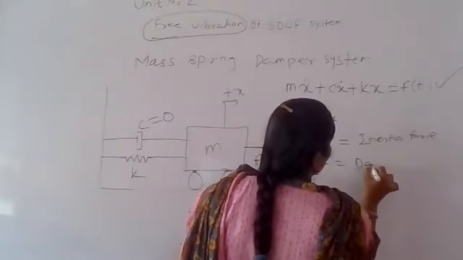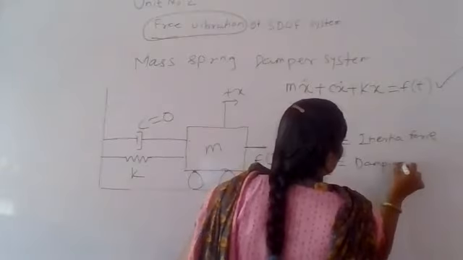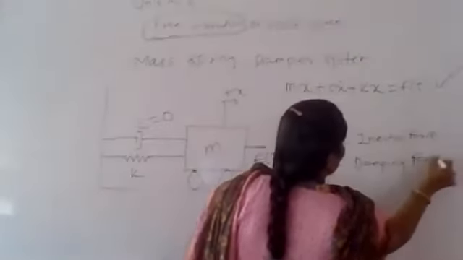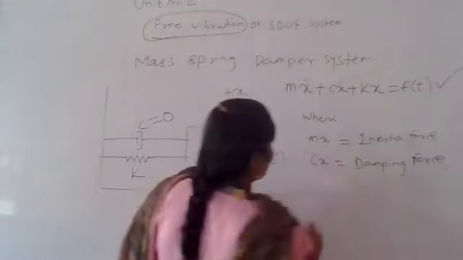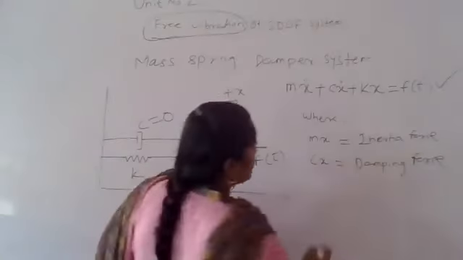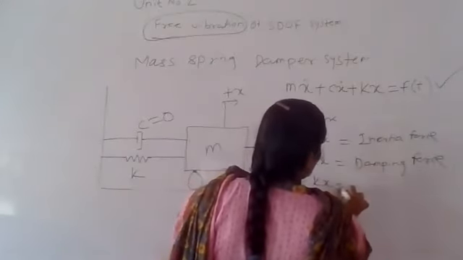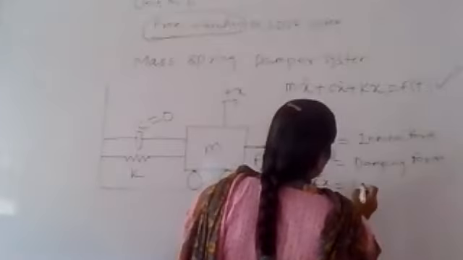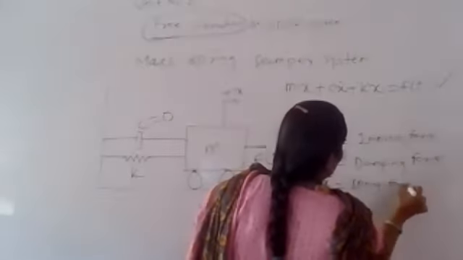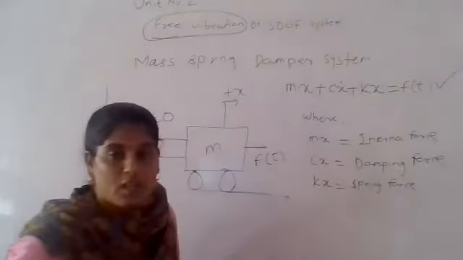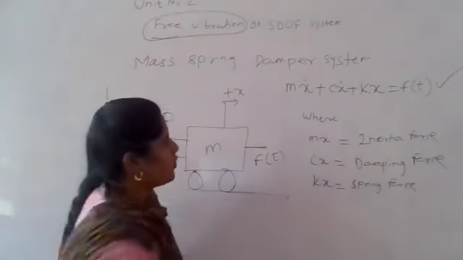Inertia force. Below this you write down cx dot is equal to damping force. Below this you write down k into x equal to spring force.